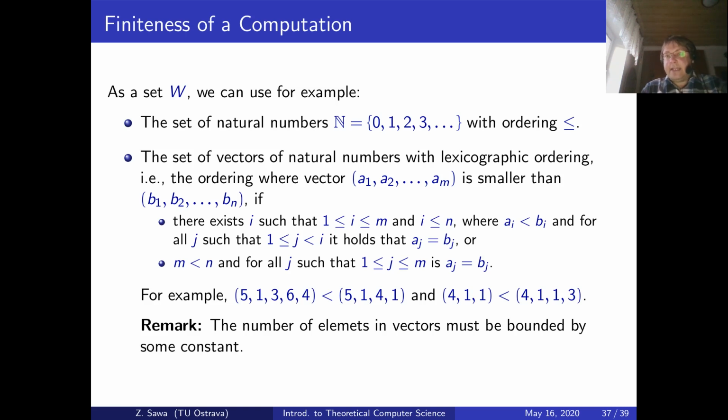By the way, these kinds of sets with ordering are called well-founded orderings, or well-founded sets. And they play quite an important role in mathematics in general. But we will not discuss all the details of these formalisms.